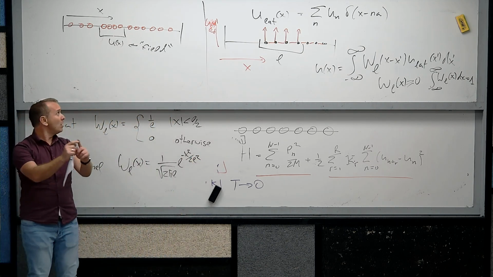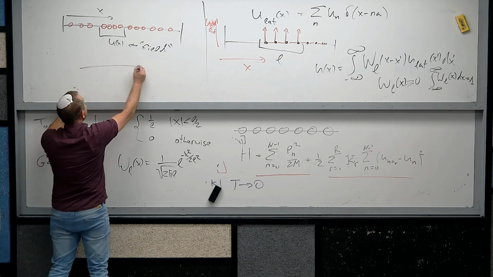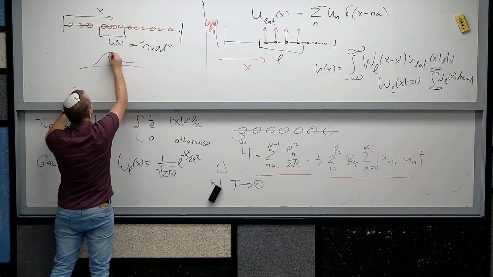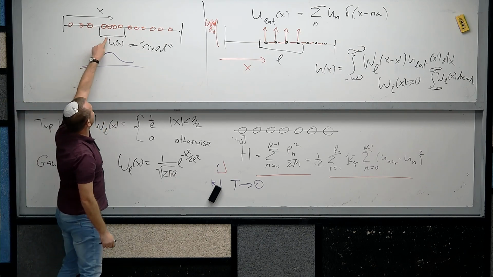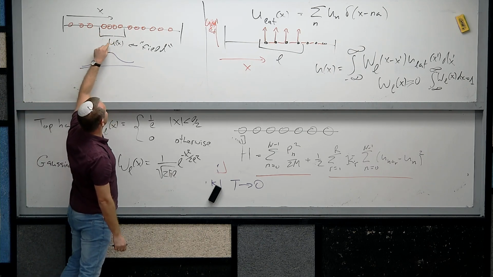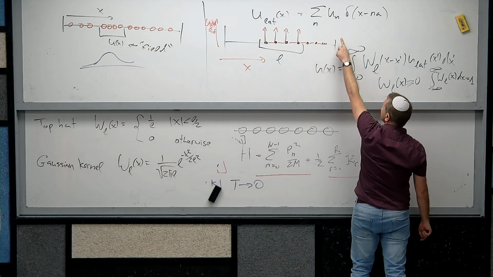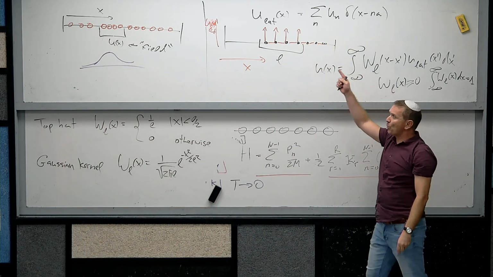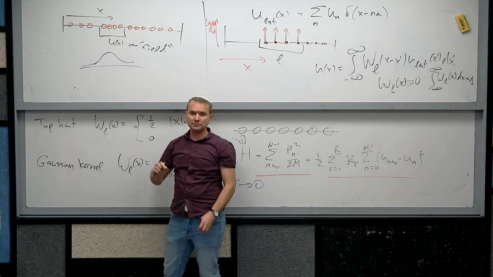Okay, I'm looking at a specific region. I'm putting a Gaussian distribution over here, and I'm saying U of x is just whatever contributions are getting inside my Gaussian, and each UN will contribute proportionally to the distance multiplied by the Gaussian.